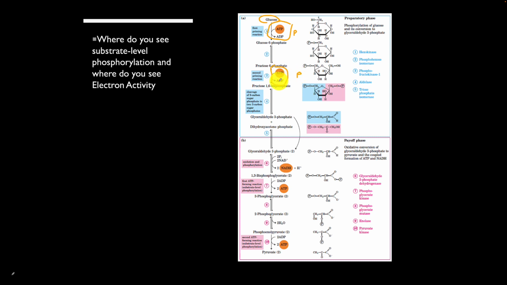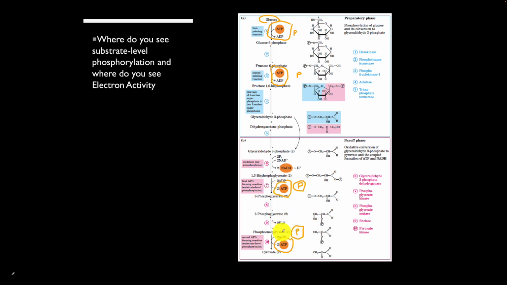And then as we get further down into glycolysis, we start to generate some ATP, and we generate 2 ATP. So this would be a phosphate generating energy at a substrate level, right? And where else do we see another one? Well, we see it down here before we get to pyruvate. We see that there are 2 ATPs being generated, which means that a phosphate is being put back onto ADP, right?